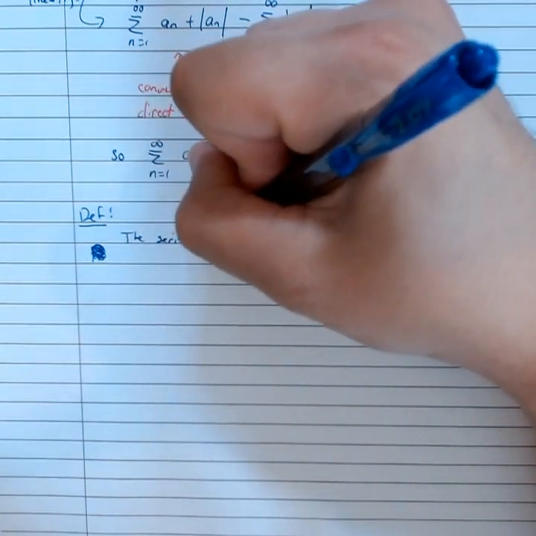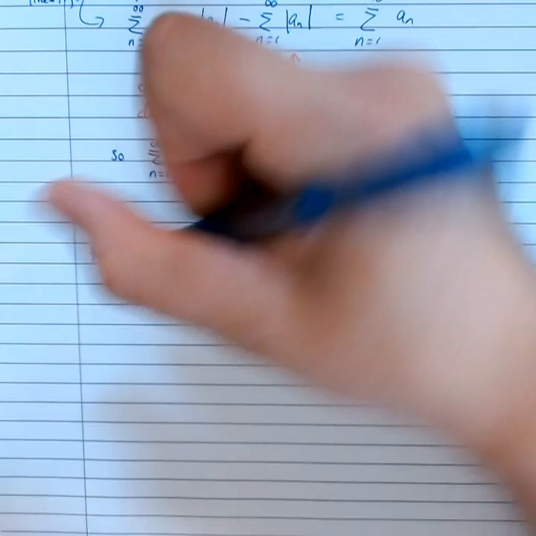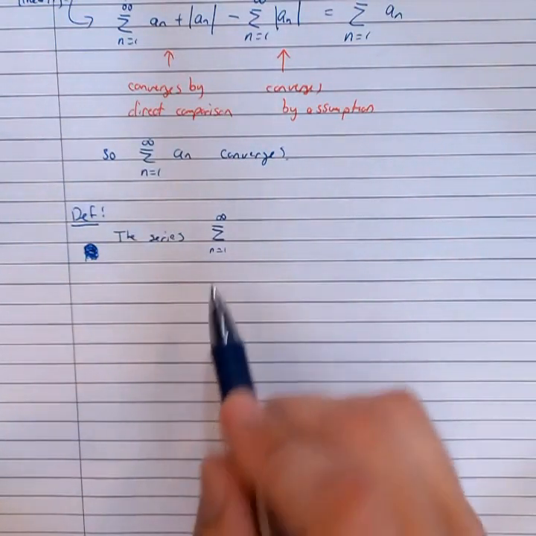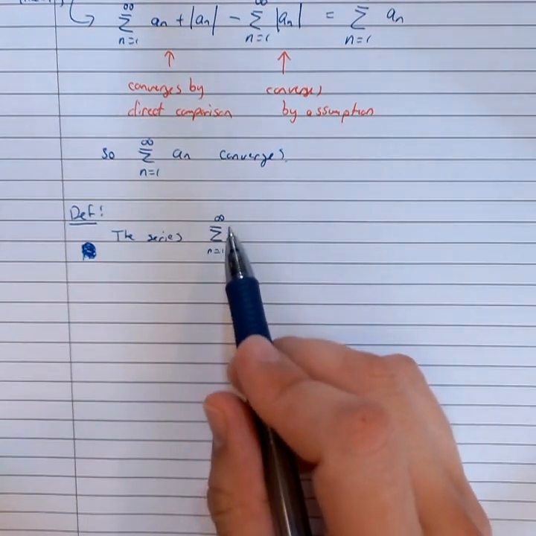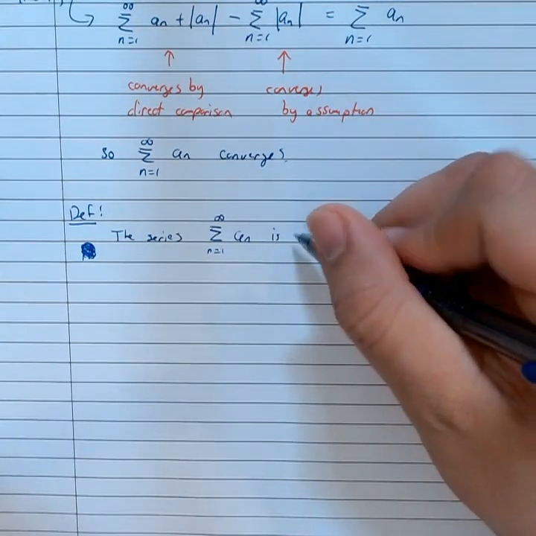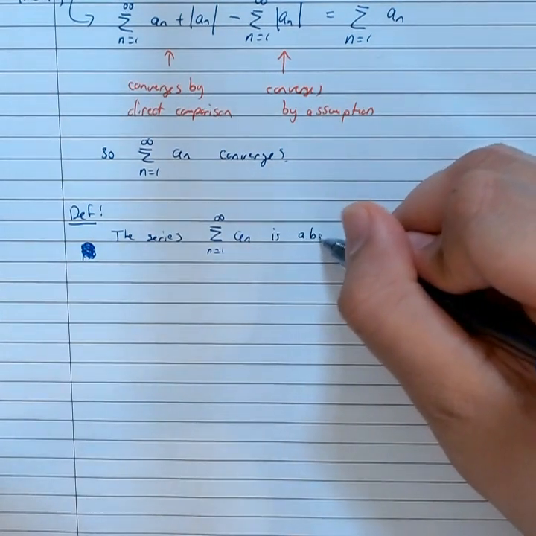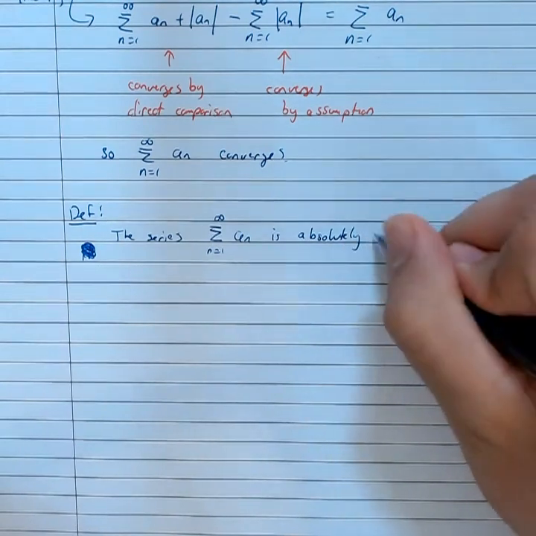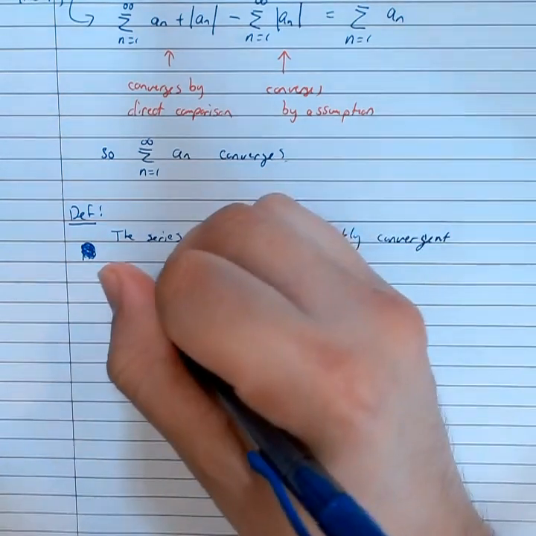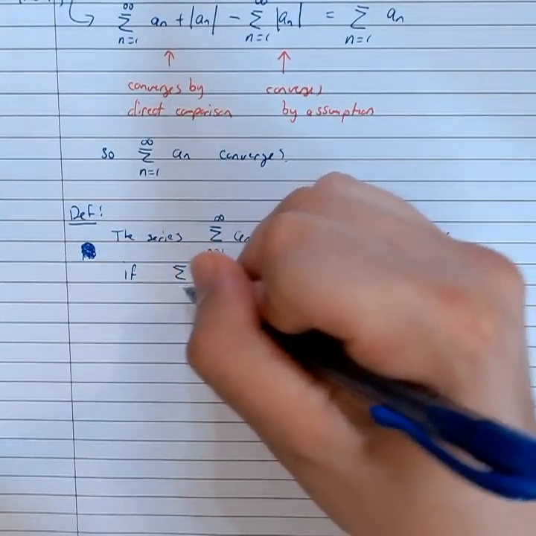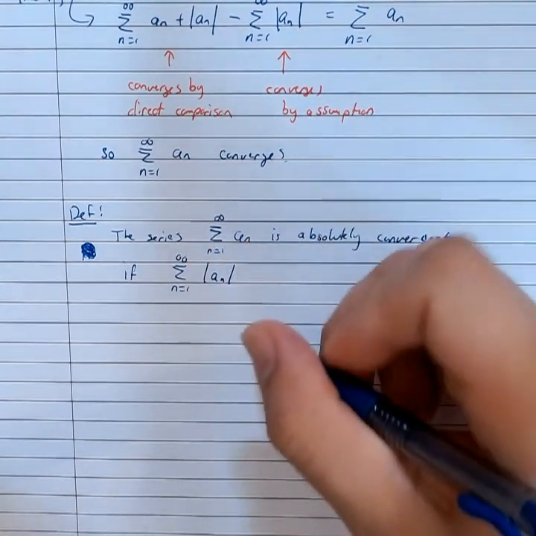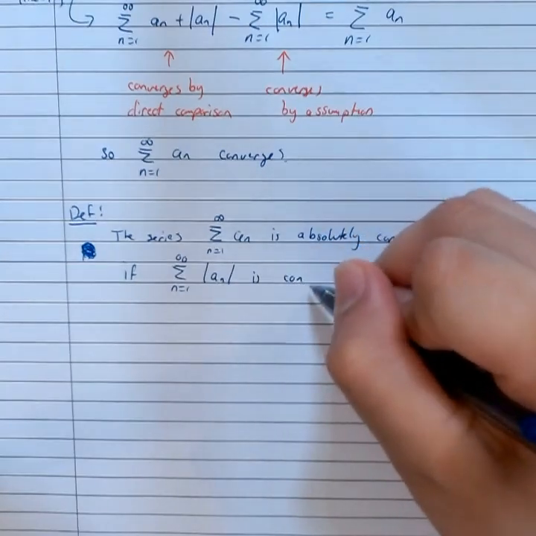The series sum as n goes from 1 to infinity. Here, this doesn't have to start at 1. It could start anywhere, but by default, we start at 1. The series sum from n equals 1 to infinity of a sub n is said to be absolutely convergent if the sum as n goes from 1 to infinity of the absolute value of a sub n is convergent.